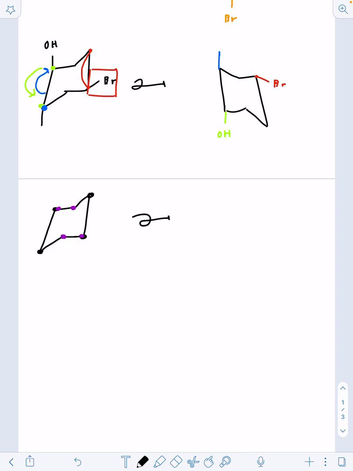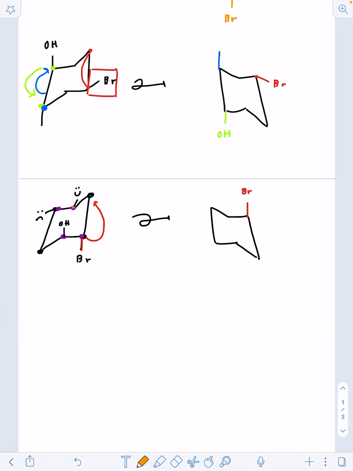I'm going to put a bromine here, an OH here, a smiley face here, and a frowning face here. So when I flip this, very scientific by the way, having smiley faces as substituents. My bromine's going to go up here. It's down axial, so it's going to be up axial here.